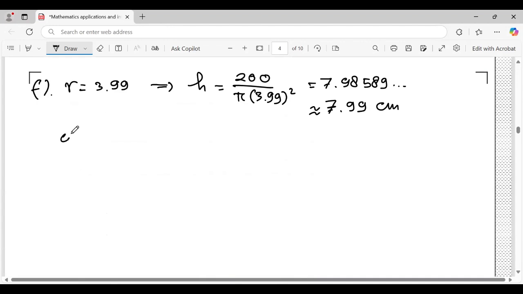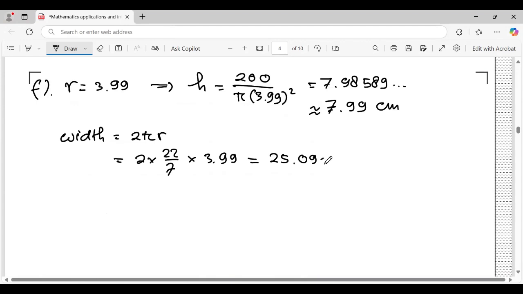If the width equals 2 pi r, so substitute this information, the radius: 2 times 22 over 7 times 3.99 equals 25.0984, or 25.1. Okay.